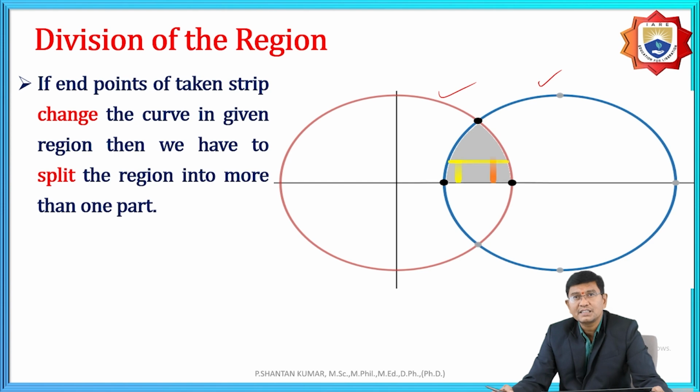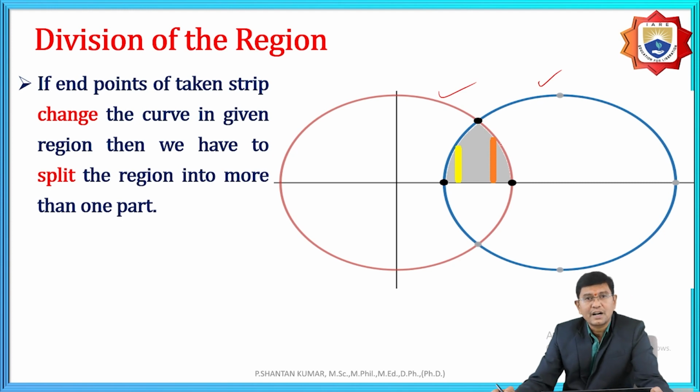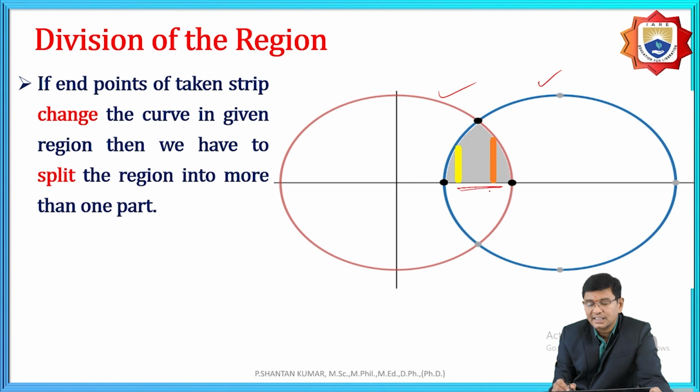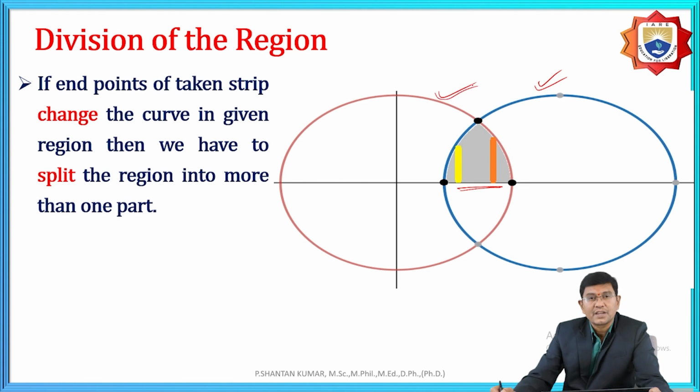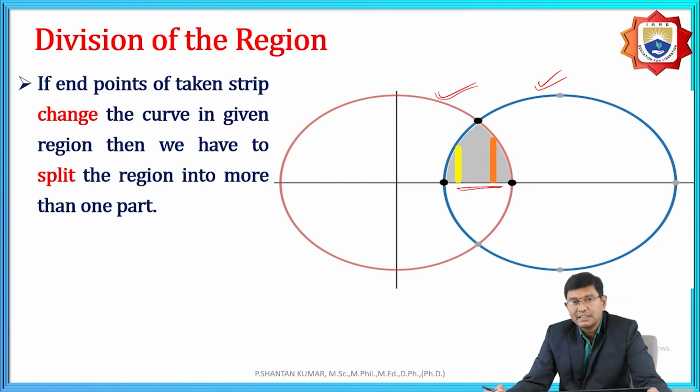But with a strip parallel to the y-axis, two partitions are required, because the lower part is on the x-axis, but the upper part is on the right side circle, and on the left side, the left side circle. So it is not possible to use one strip parallel to the y-axis, while parallel to the x-axis is possible.